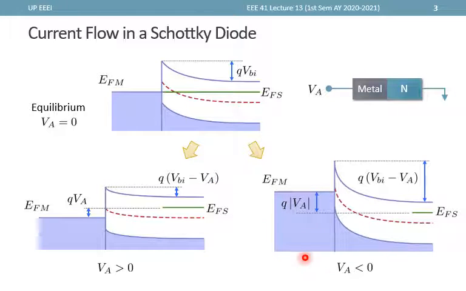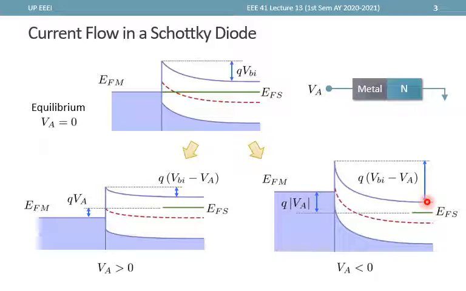On the other hand, if we apply a negative voltage, VA, then the Fermi level at the metal side will be higher by qVA relative to the Fermi level at the semiconductor side, and that actually leads to a more pronounced bending of the energy band diagram at the semiconductor side.